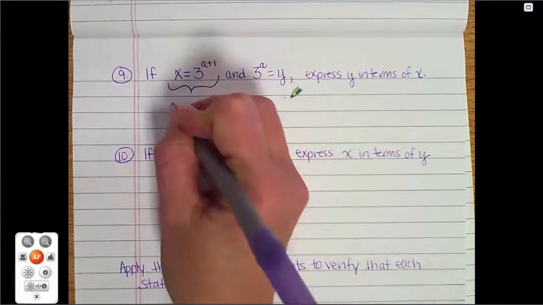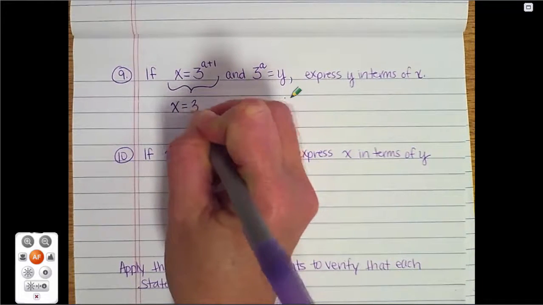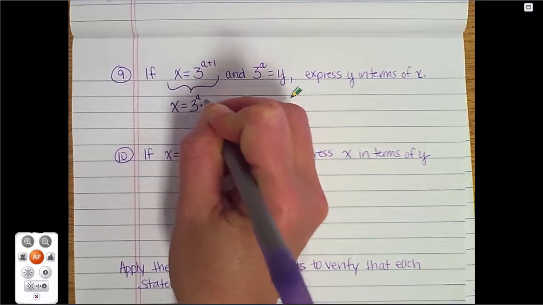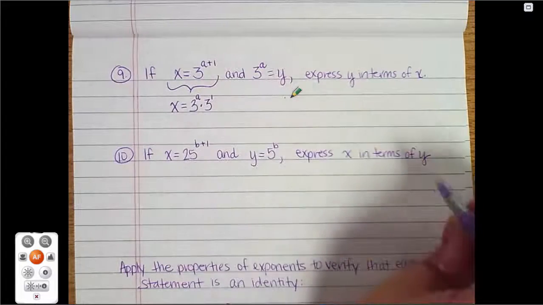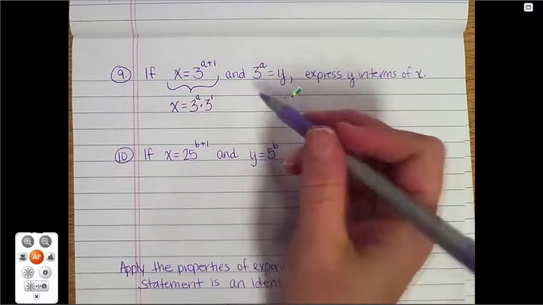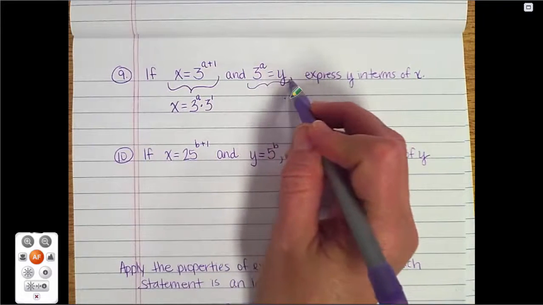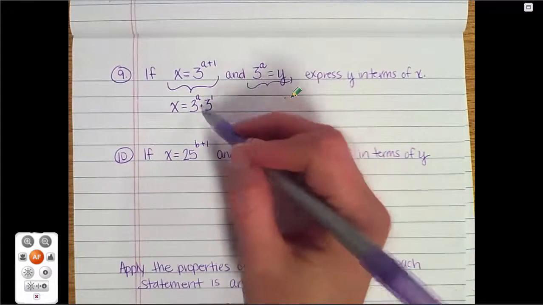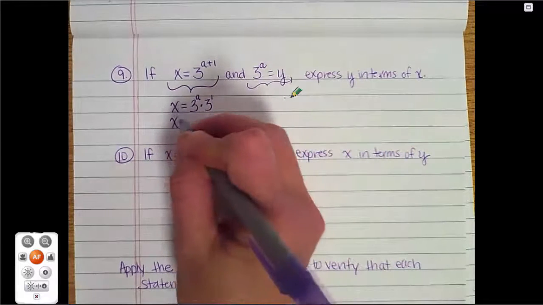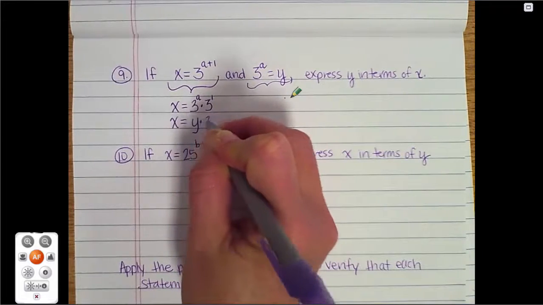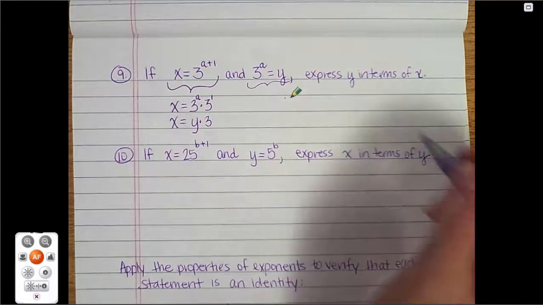So here we're told x is equal to 3 to the a plus 1. We need to understand that that came from a like base of 3 multiplying a 3 to the a and a 3 to the 1. Well, we're told also that 3 to the a equals y. So I'm going to replace 3 to the a with y. So x is equal to y times 3.